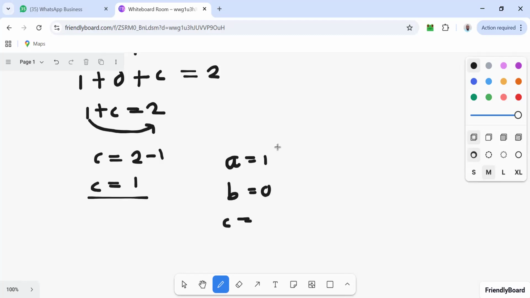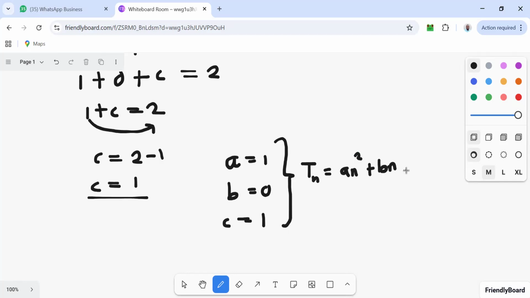So what am I going to do now? I'm now going to substitute the values of A, B, and C into the general term of the form Tn is equal to an squared plus bn plus c.